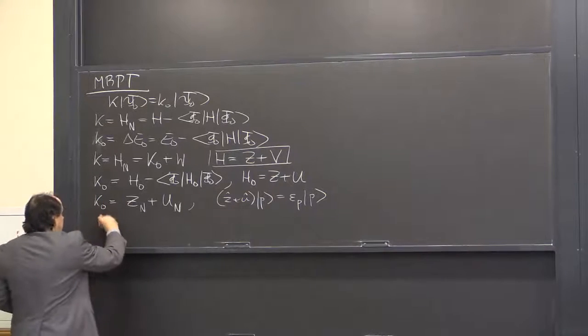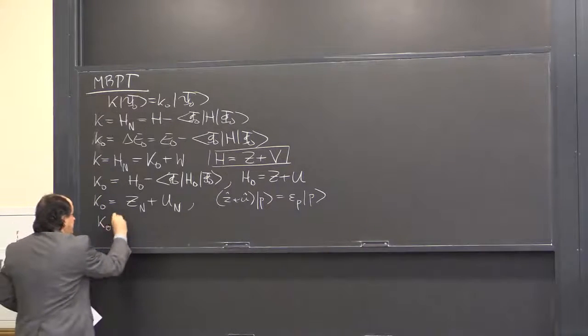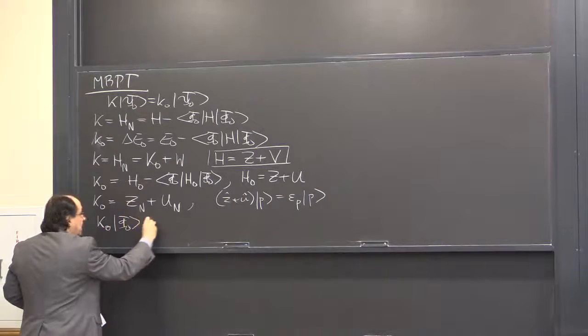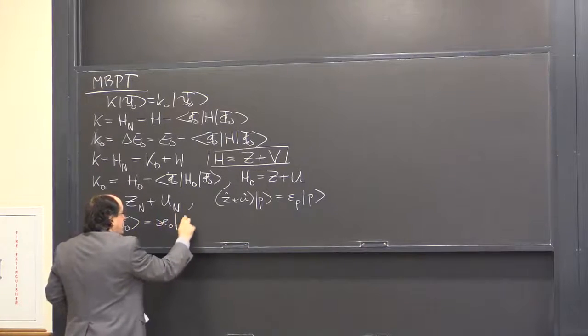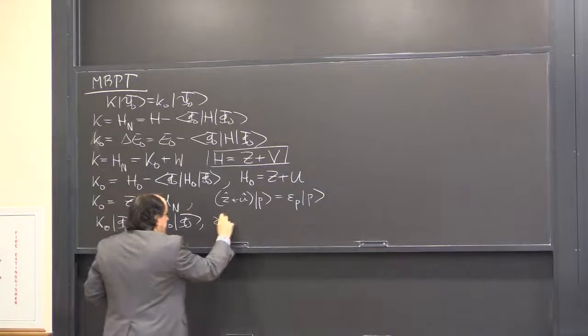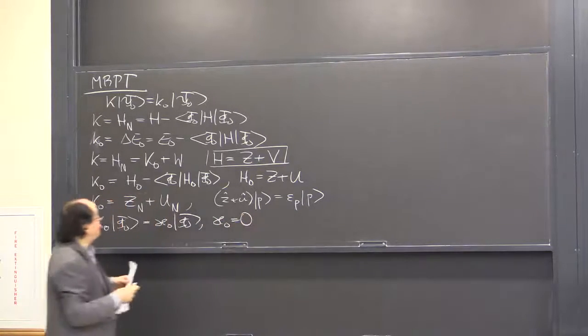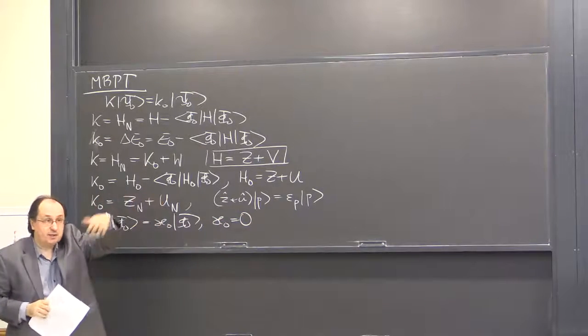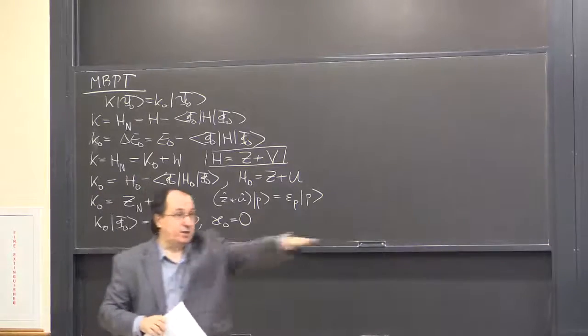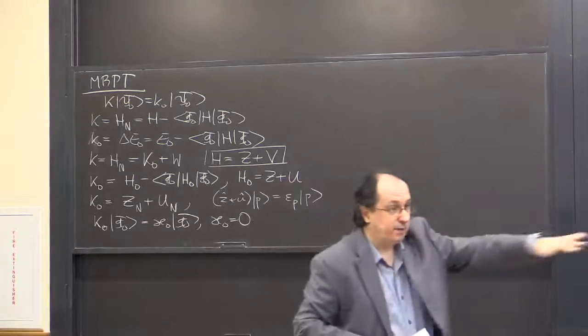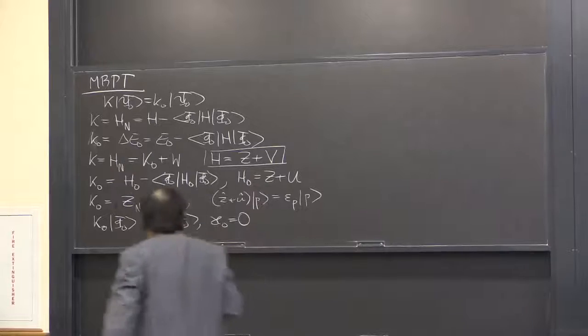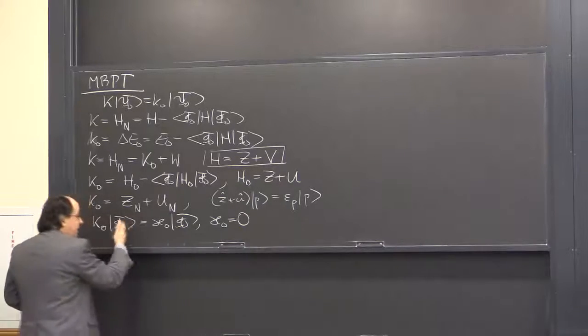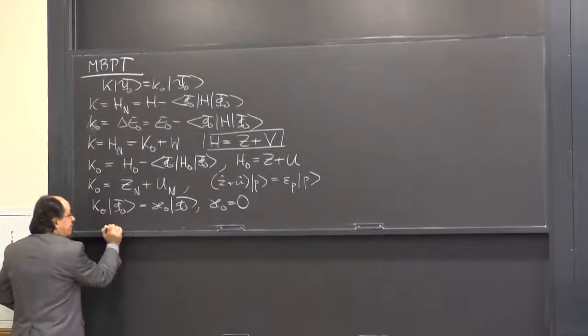So we know the eigenstates of K0 are phi0 itself, where the corresponding eigenvalue, which I called kappa 0 last time, is simply 0, and that's because we performed this shift, which allowed us to set the zero level to be simply the unperturbed energy associated with phi0.